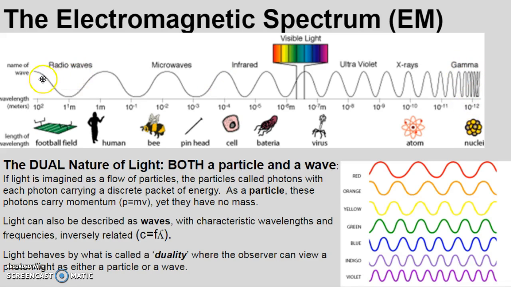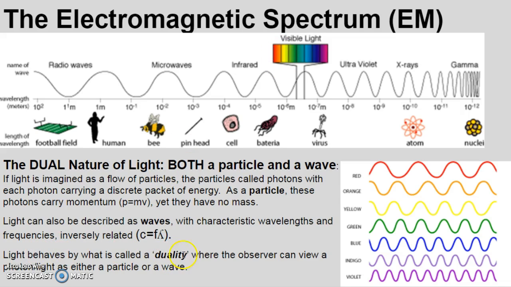Where at my radio end, very, very low frequency, very, very large wavelength. And I can apply that to the visible light spectrum. Here I have the Roy G. Biv spectrum. Notice that the blue-violet end is the higher frequency, higher energy, and the red and the orange end of the spectrum are the longer wavelength, the smaller energy, lower frequency.